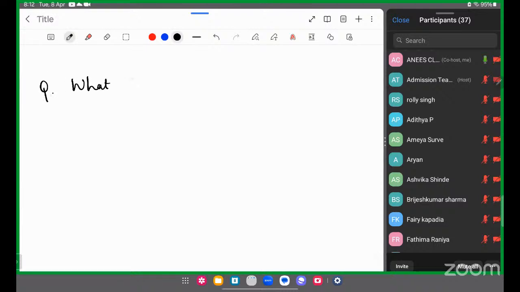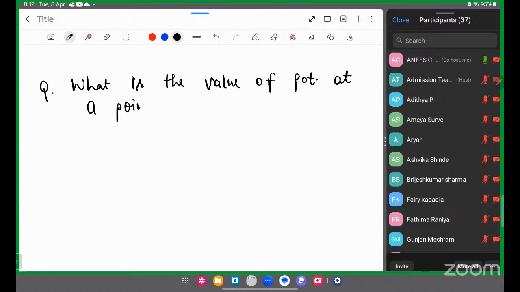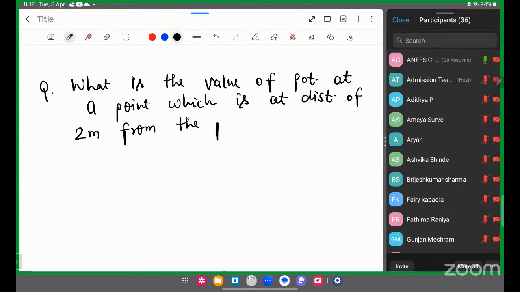Question is, what is the value of potential at a point which is at a distance of 2 meters from the point charge, let's say 5 coulomb.